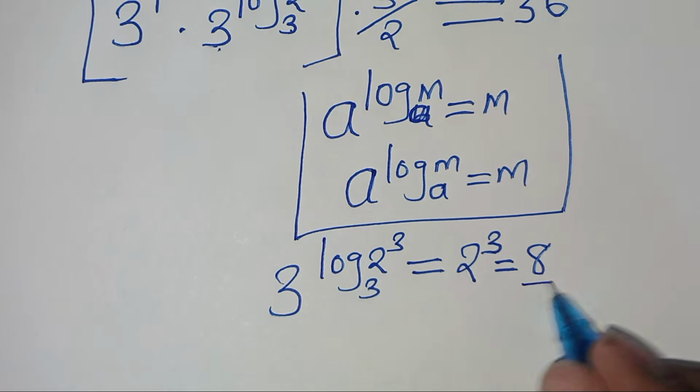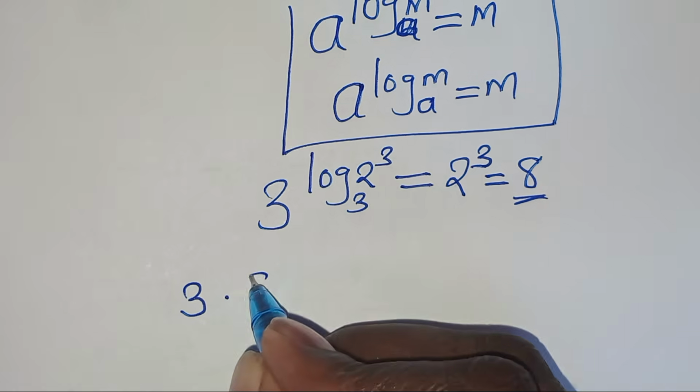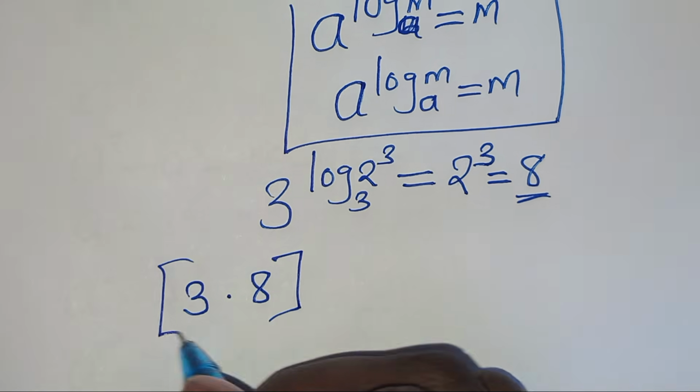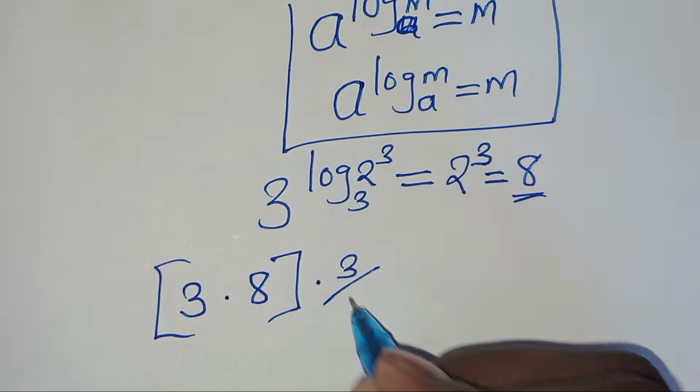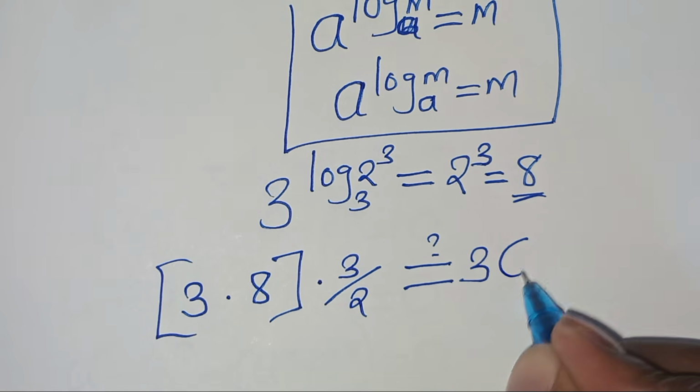So let's substitute 8. So we have 3 multiplied by 8 multiplied by 3 over 2. This should give us a value of 36.